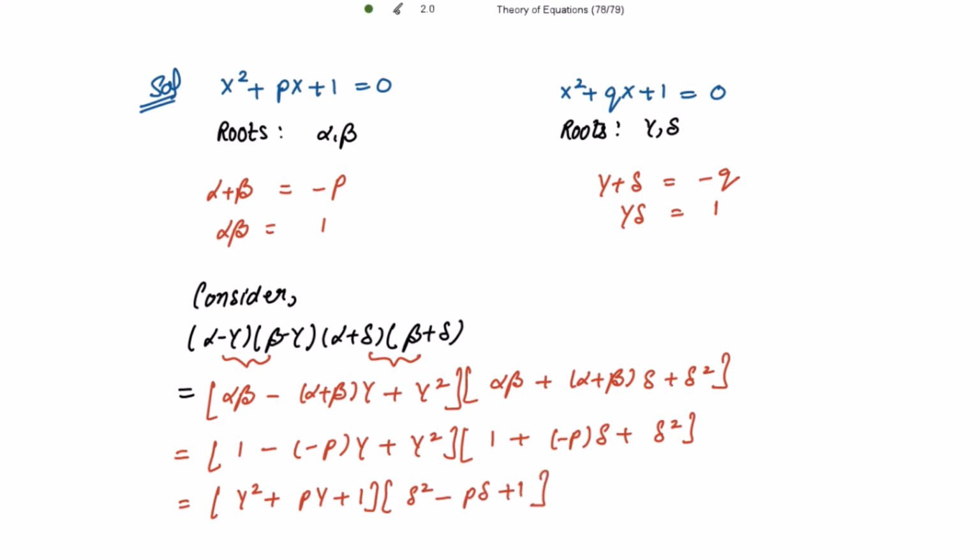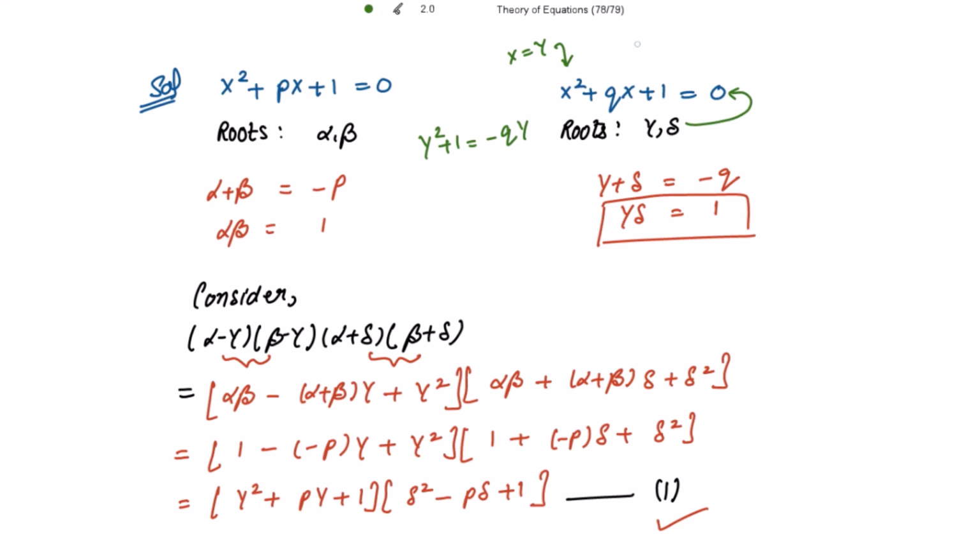Okay. Now as gamma delta are the roots of this equation, so if I put x equal to gamma in this equation, what I get? So I get gamma square plus 1 equal to negative of q gamma, and for x equal to delta, if I put this in equation, I get delta square plus 1 equal to minus q delta.